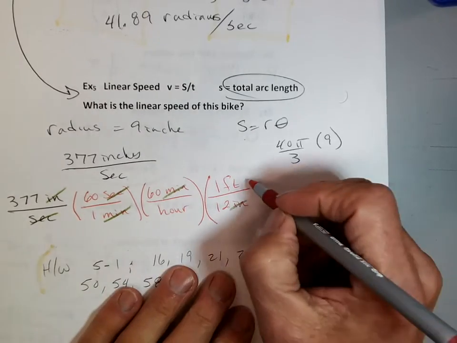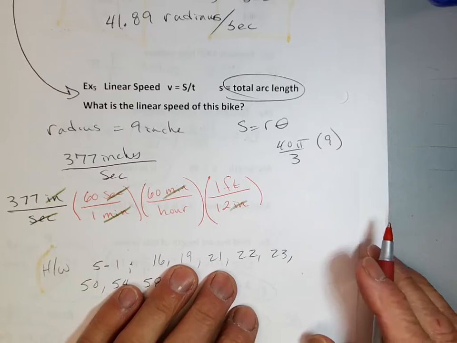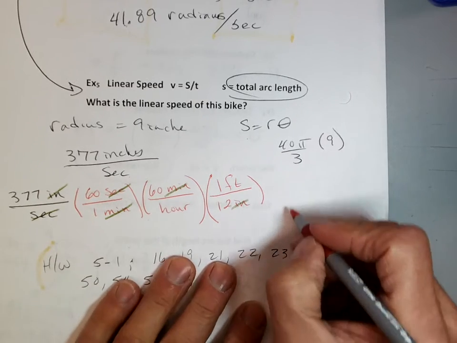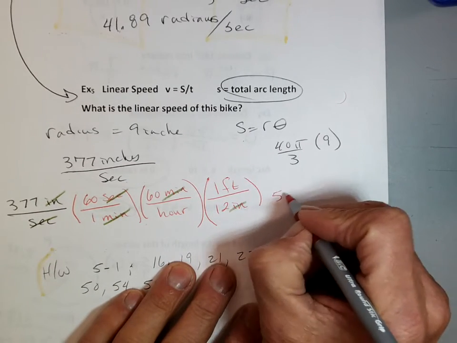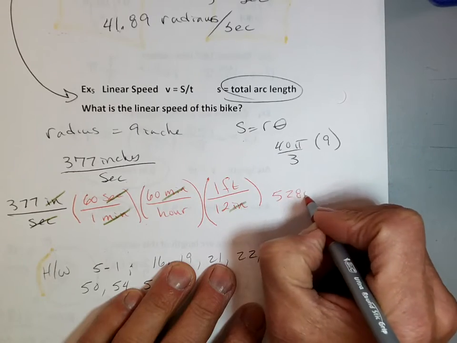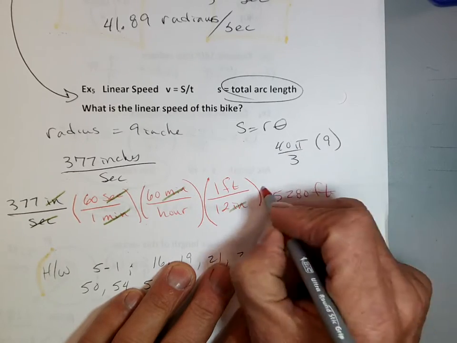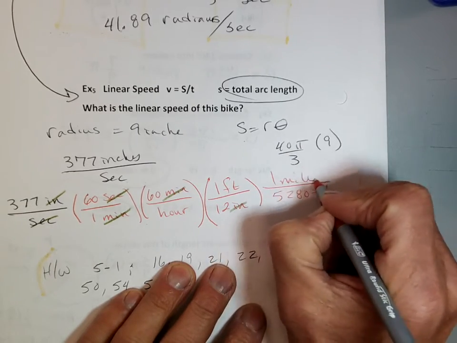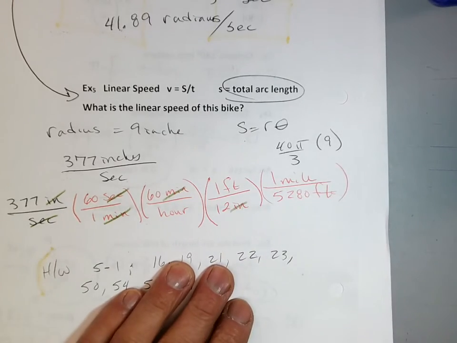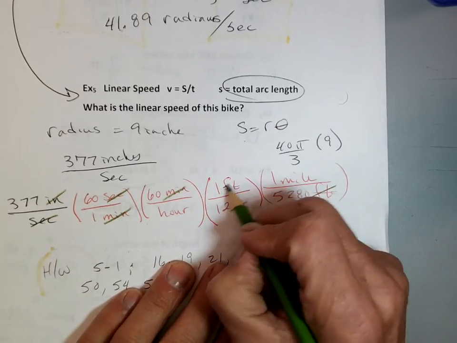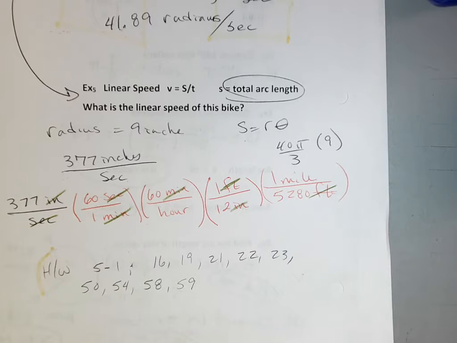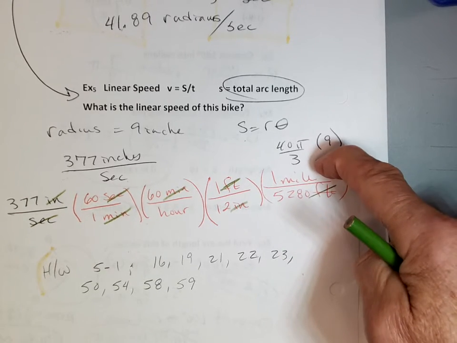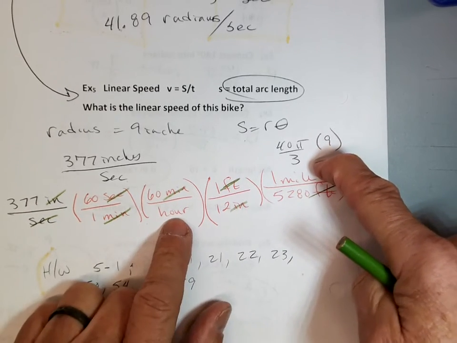Well, I just told you, there's 5,280 feet in 1 mile, right? And then my feet cancel. And what are my units? What are my words? My words are miles per hour, and that's what we're looking for, right?